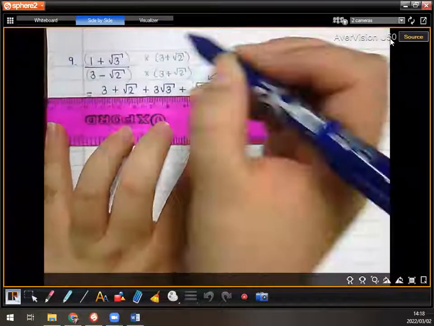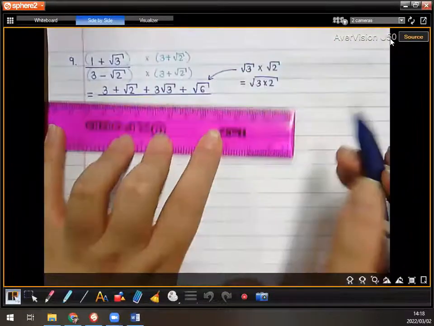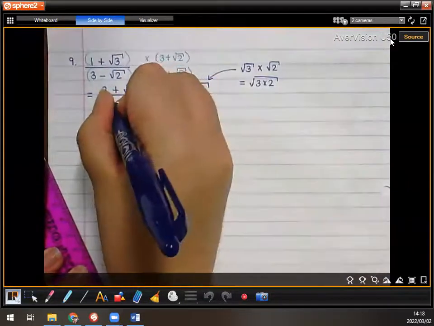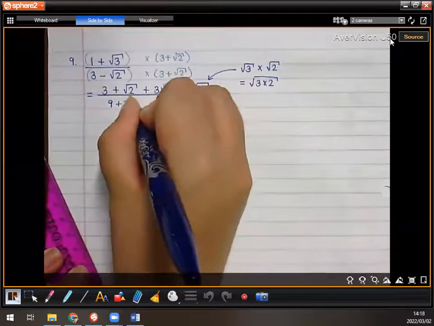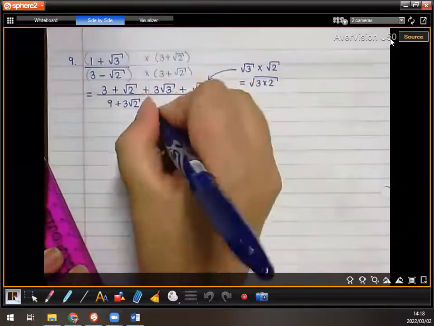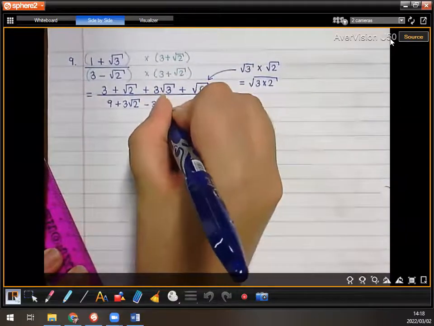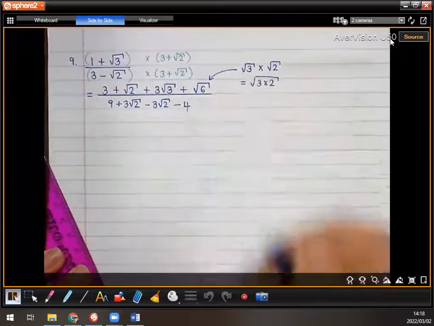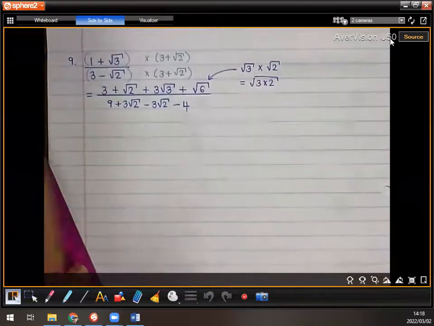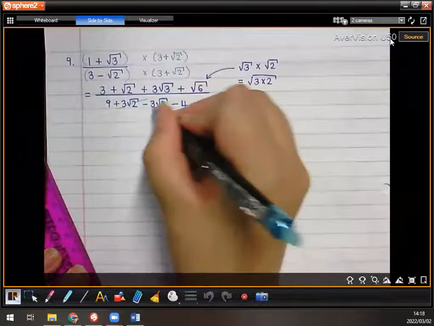And then at the bottom, 3 times 3 is 9. That's going to give you plus 3 root 2. The inners are going to give you minus 3 root 2. And when you do your last, you're going to get minus 4. Those two are cancelling out.